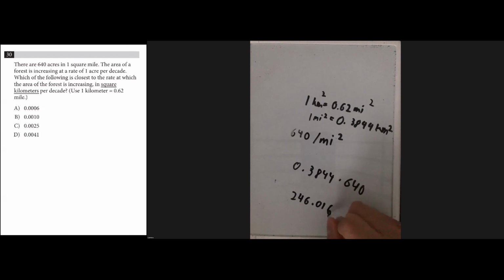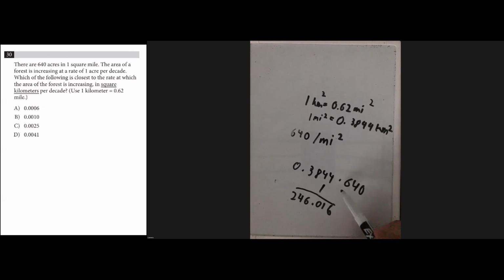And then what you do is you do 1 over this. Technically it would be 0.3844 to the negative first power, because you're dividing, it's 640 divided by that. But since we're multiplying here, it's basically this number to the negative first power.